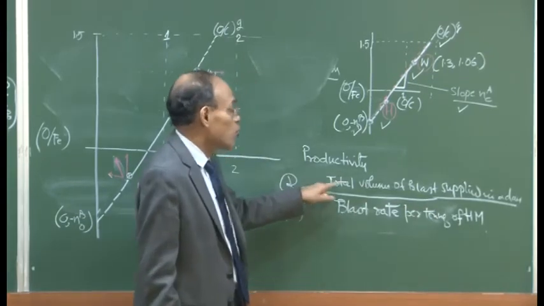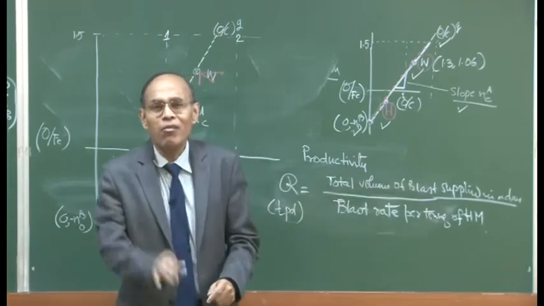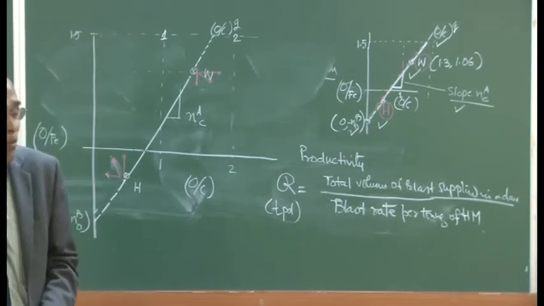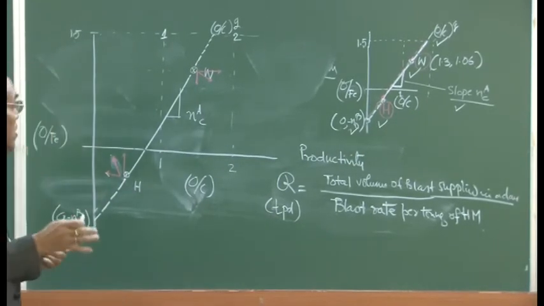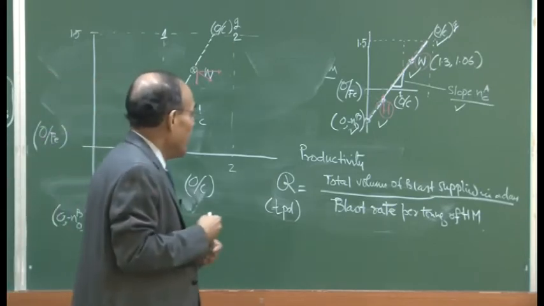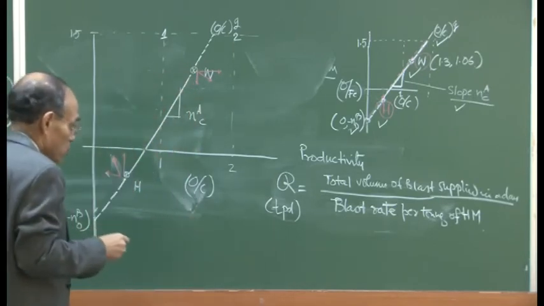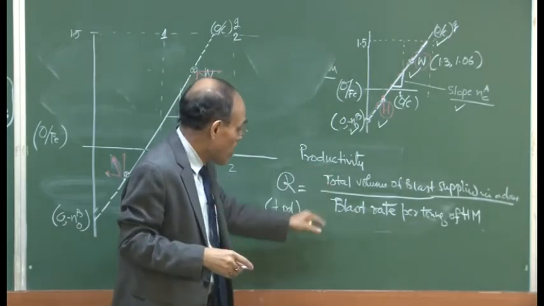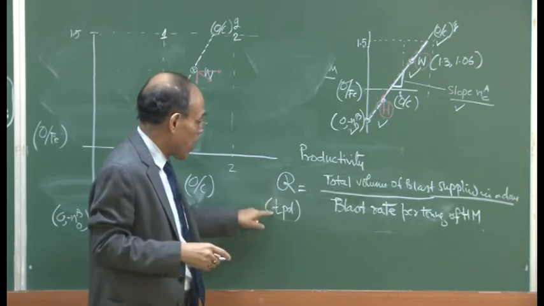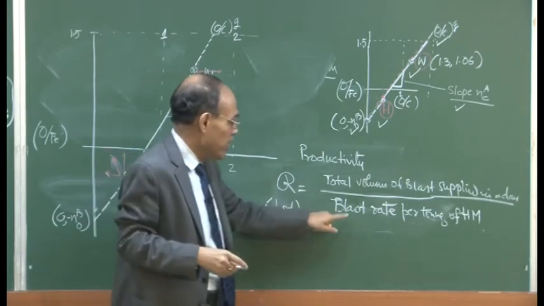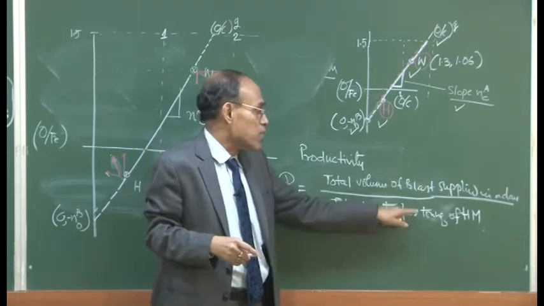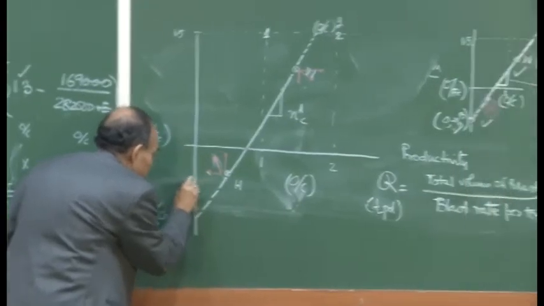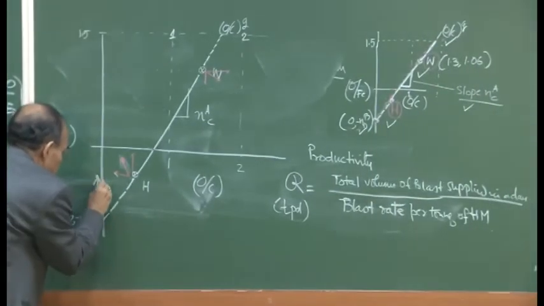It is obvious, because the total volume of the blast supplied, we somehow get to a maximum value beyond which we don't wish to operate, because we have blast furnace problems like flooding, fluidization, etc. So this is sort of fixed. Therefore, our effort to increase the rate of production, which is directly related to productivity, culminates in the reduction of the blast rate per ton of hot metal. So we are trying to move the NOV value in this particular direction. That is the desirable direction.